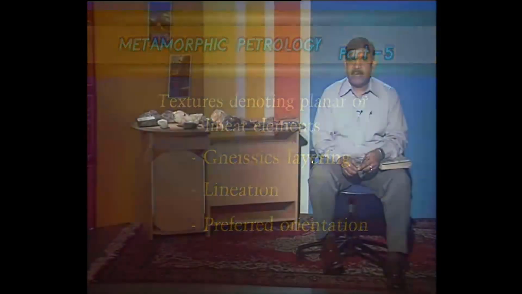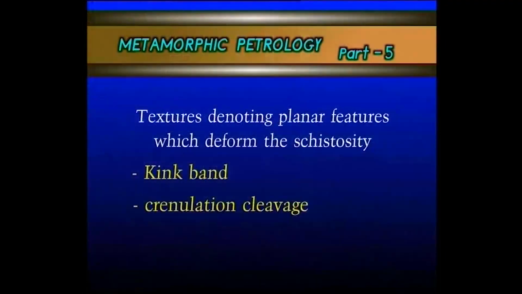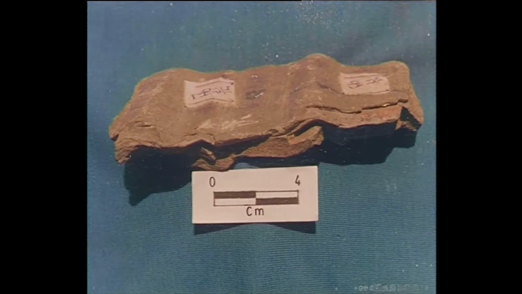Now let us take the second type of structures in which the schistosity is deformed. Normally the crenulation cleavage is present or kink bands are present. So here in this case, now look at the diagram on the screen and see how the kinking or crenulation cleavage develops in a metamorphic rock.